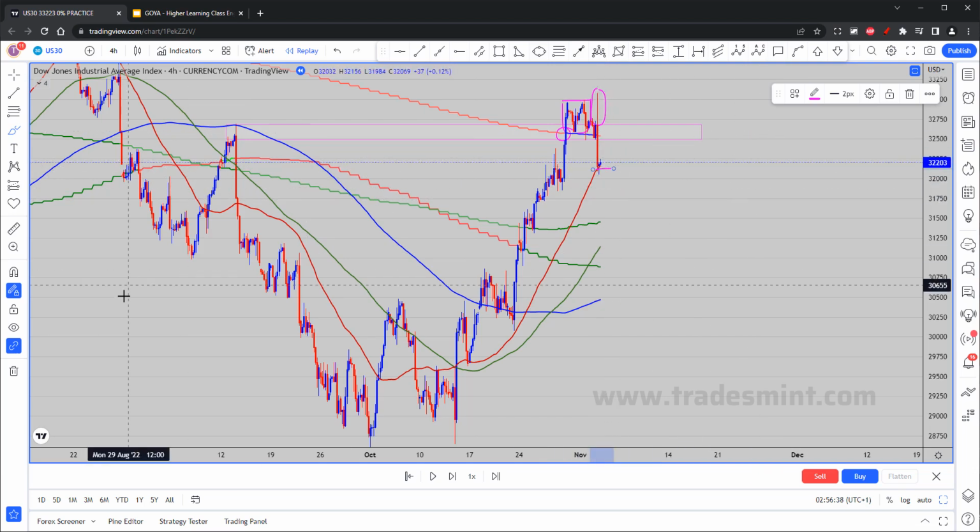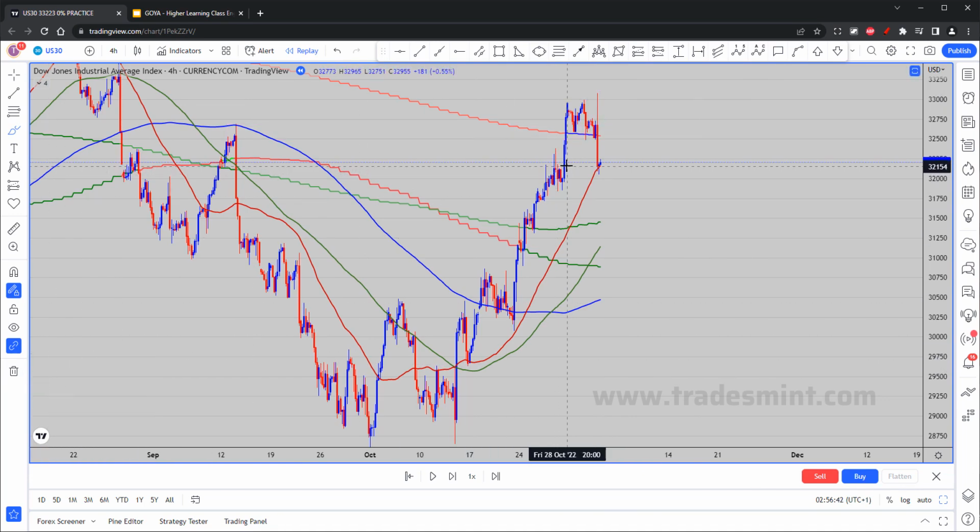And this looks just like the abstract example I made in the previous video. Looks like we have broken this level, consolidated in this box, but at the end of the day came back here below this 50 daily MA.